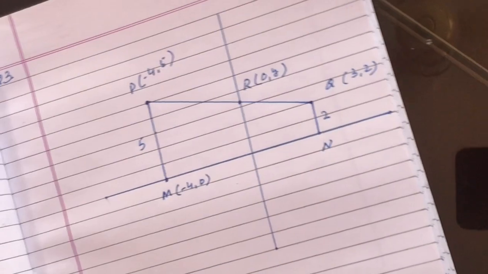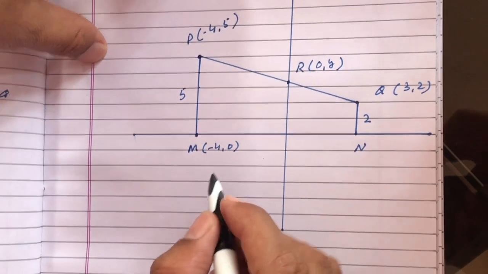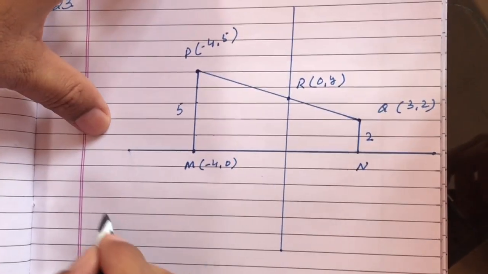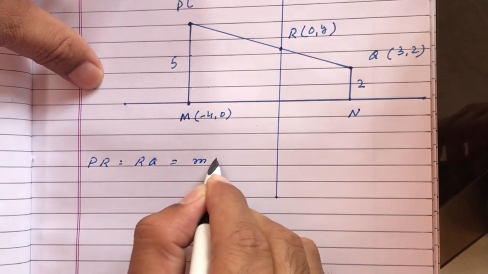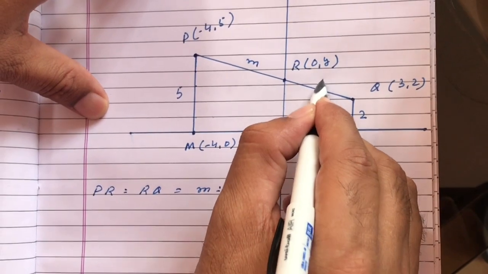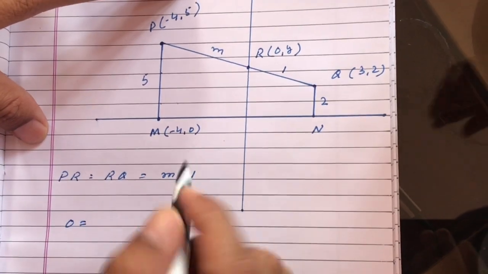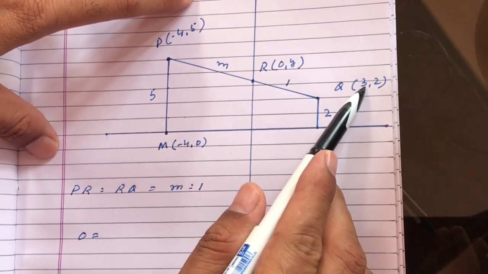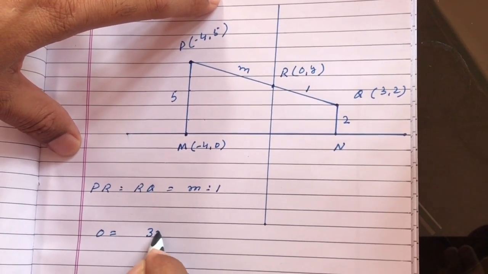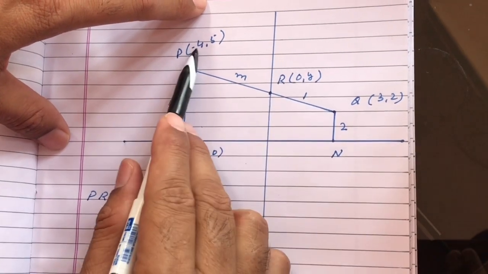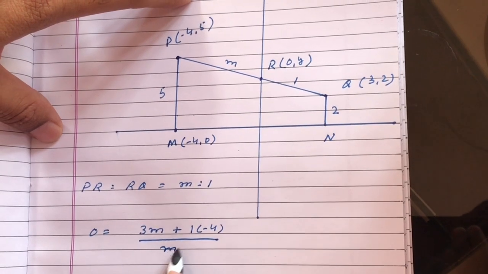Now, the first part is I have to find the ratio PR to RQ. So let the ratio PR to RQ be m is to 1. Now I know that x is 0. So 0 is equal to (m2 x1 + m1 x2) upon (m + 1), that is (3m - 4) upon (m + 1).